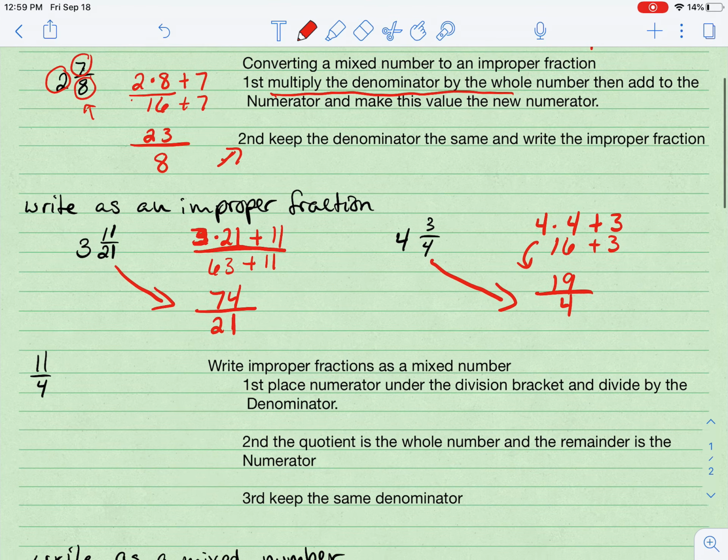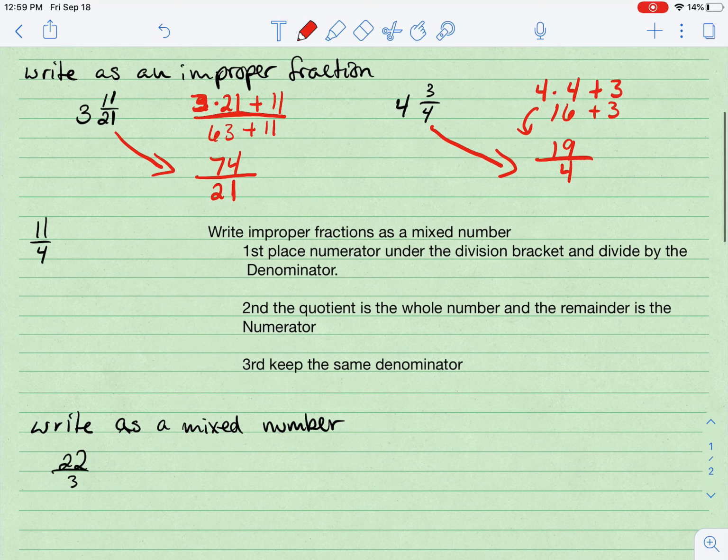Okay, so now to work backwards, we're just going to take it as a division problem. So we're going to set it up. Remember, the top number is our dividend, and our denominator is our divisor. So we set it up as a division problem.